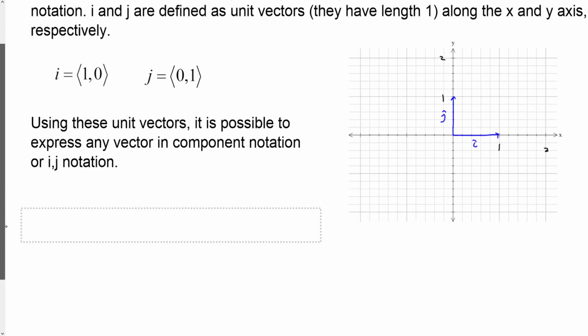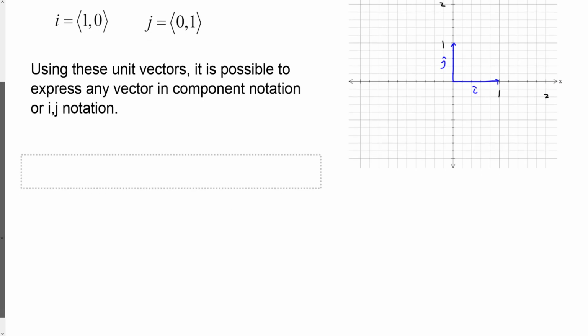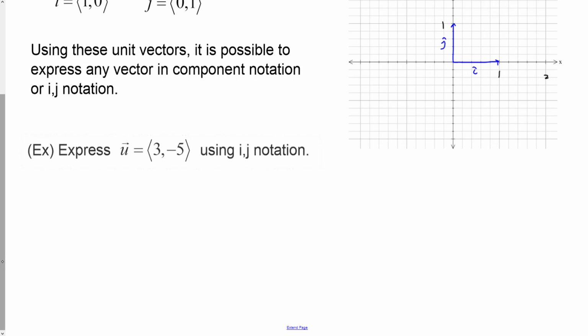Using these unit vectors, it's possible to express any vector in component notation or ij notation. And it really comes down to the textbook that you're using. One thing that I do notice is a lot of physics textbooks tend to prefer using the ij notation, whereas mathematics textbooks tend to prefer the component notation. It doesn't really make any difference because they're both completely interchangeable.